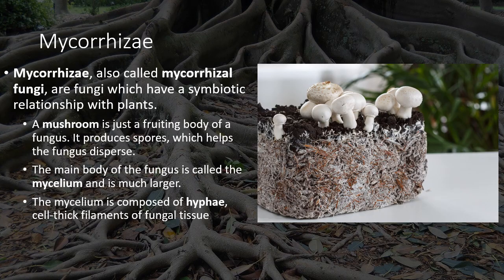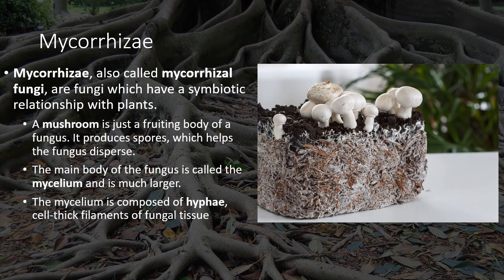A mushroom grows, it produces spores, the spores are released, and then the mushroom dies. But the main body of the fungus, called the mycelium, lives on. And the mycelium is much, much, much larger than the mushrooms. It's often 10, 100, 1,000, a billion times larger than the actual mushroom that was produced.